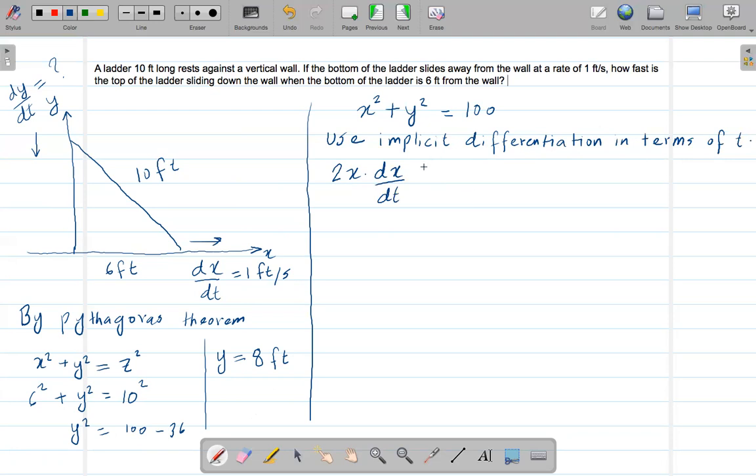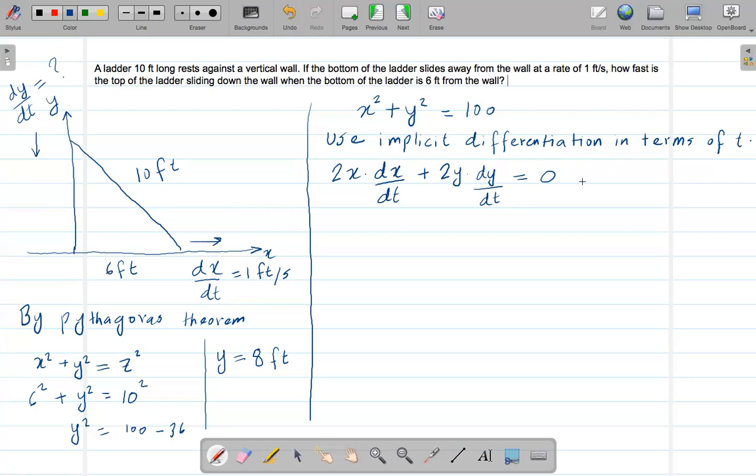Similarly for y: take the derivative of y squared, the whole thing first, which is 2y, and then the derivative of y, which is dy over dt. And when you take the derivative of a number, it's 0.